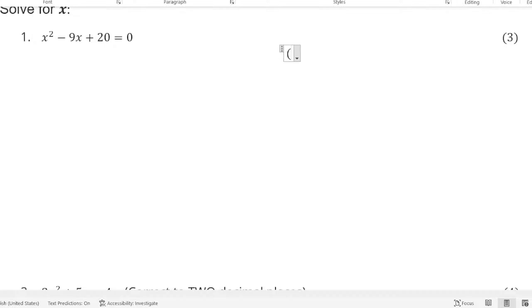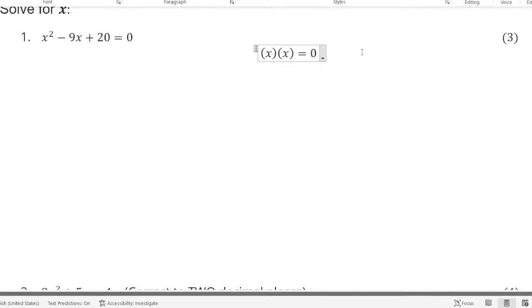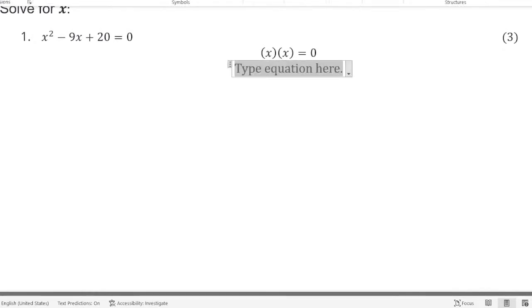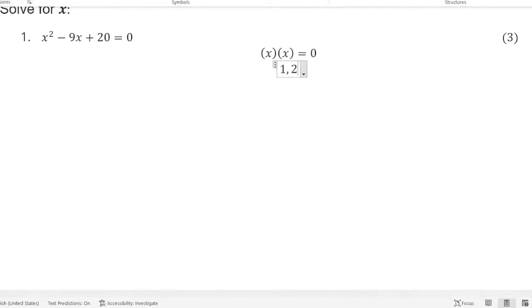So x times x will give us x squared, is equal to 0. I hope you are following. Then now the factors of 20. Let's write them down. Factors of 20 are 1, 2, 4, 5, 10, and lastly 20. So these are the factors of 20.